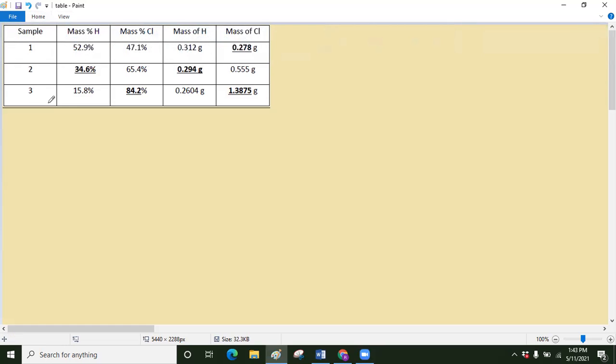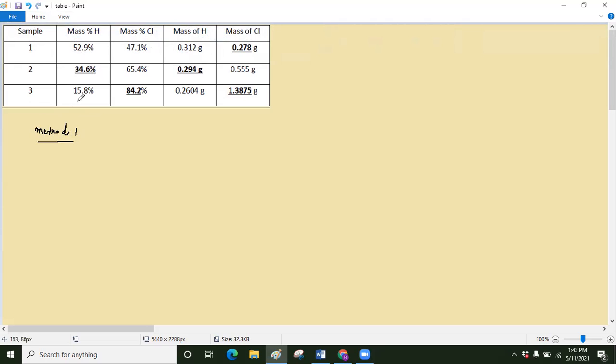So I'm going to call this method one. And the first method, essentially, we know very well that we can make ratios between products and reactants, and products, and perhaps reactants and reactants. For this one here, we can have a ratio.